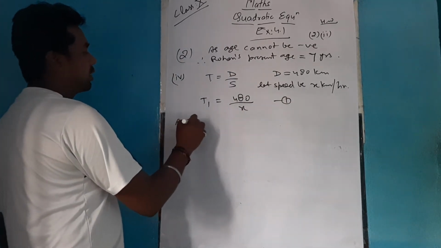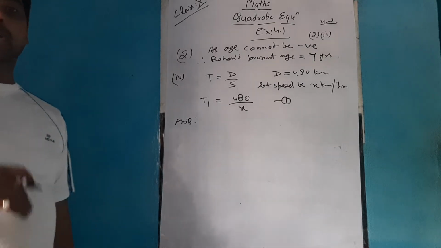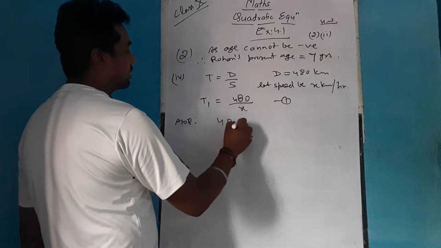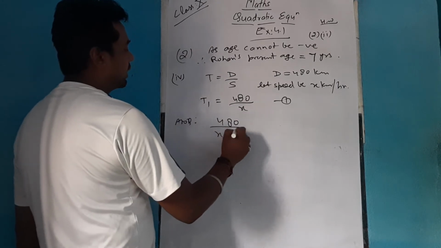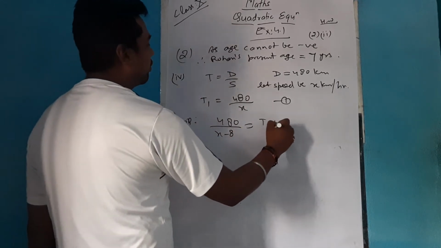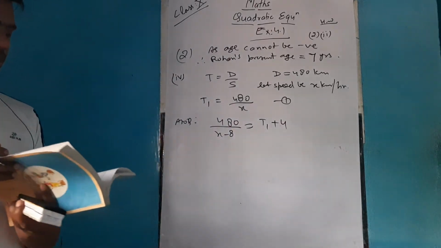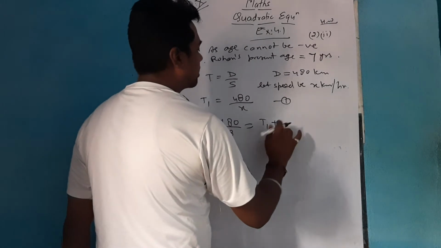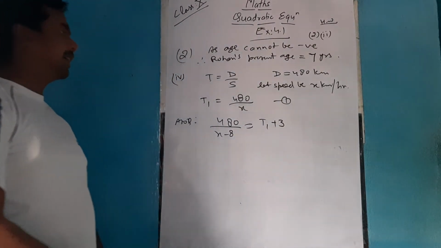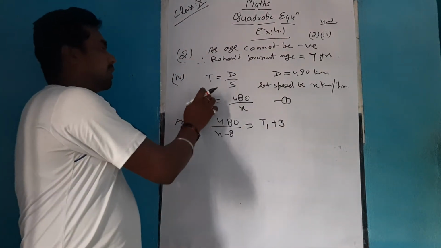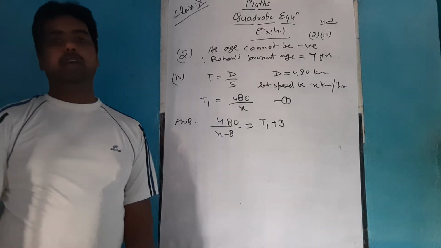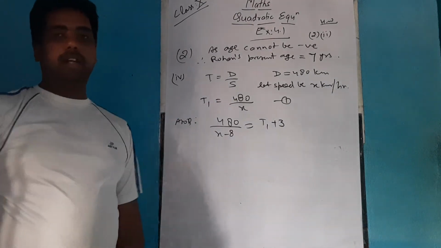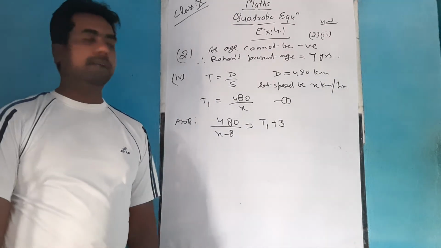According to the question, when the speed is 8 km per hour less, it means x minus 8, then the time would be 3 hours more to cover the same distance. So whatever time he was taking earlier, when the speed is reduced by 8 km per hour, he will now take 3 hours more for the same distance.